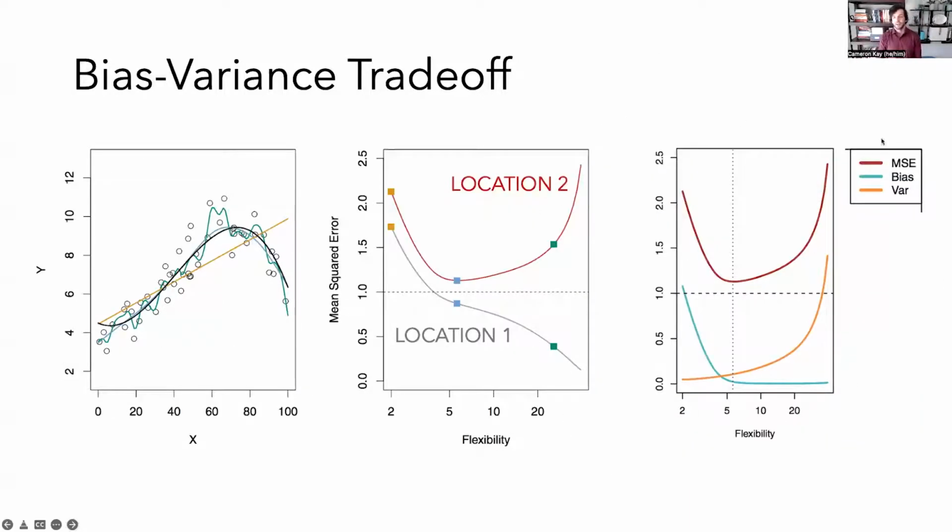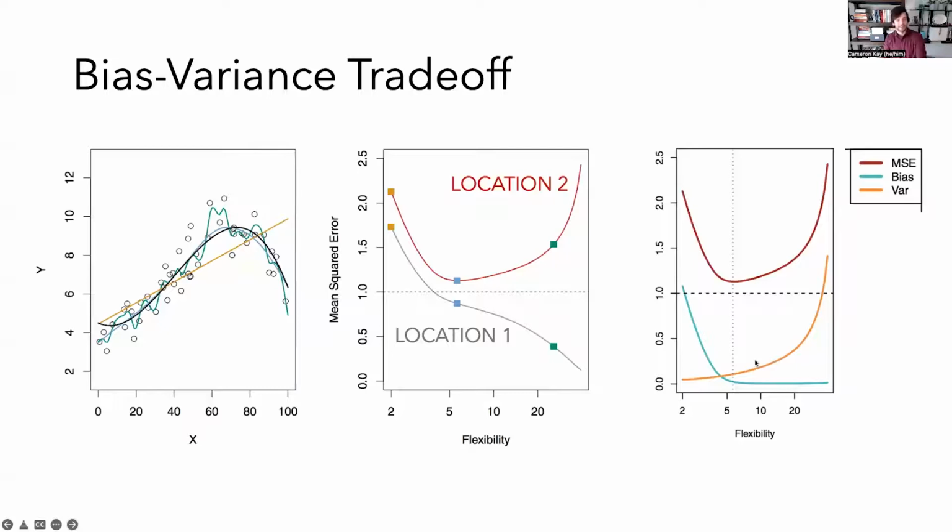So this figure over on the right here is essentially showing where would be the best model to represent our data, right? So as the flexibility increases, the bias is going to go down. We're going to get better and better fit until the point where we start overfitting and our bias doesn't decrease that much. And as we are overfitting, our variance is going to go up and up, right?